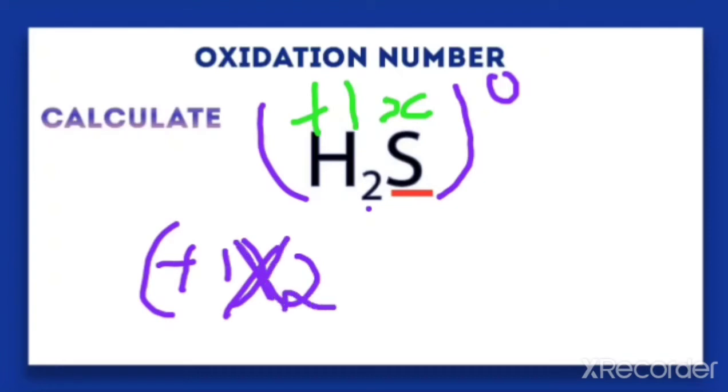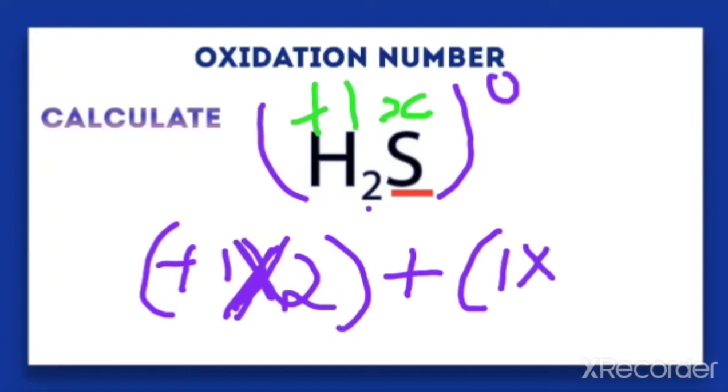So 1 into 2, close the bracket, next plus. Next we need to move to the sulfur. Because there is only one sulfur, what is the oxidation number for sulfur? That is equal to X.